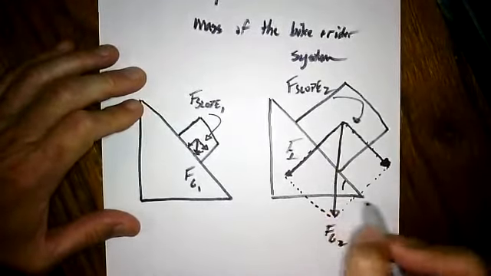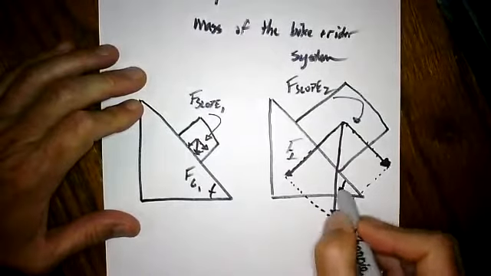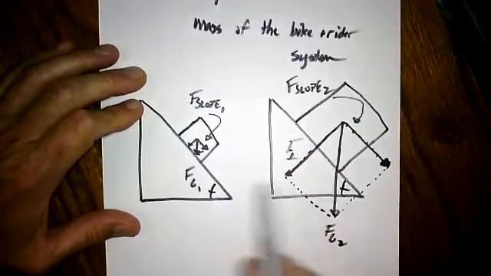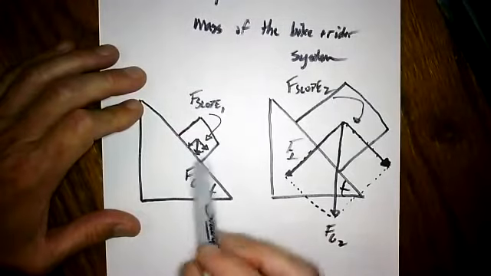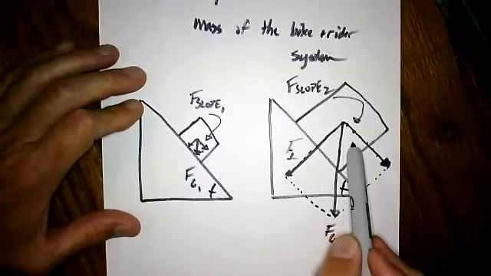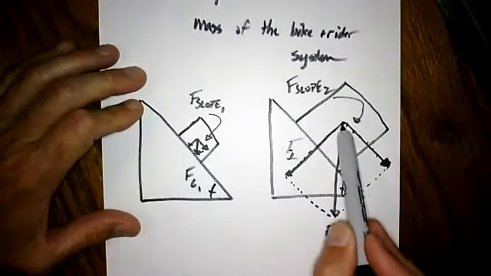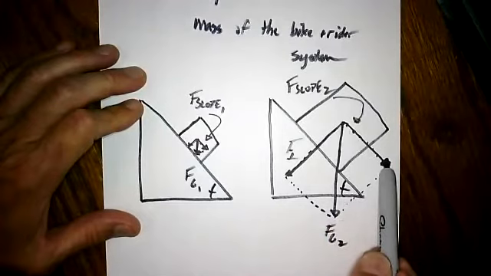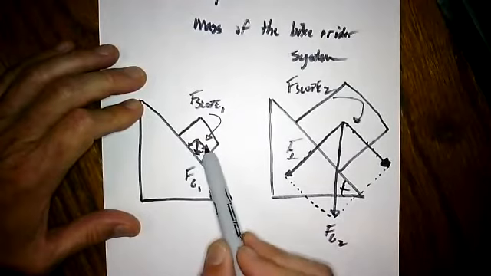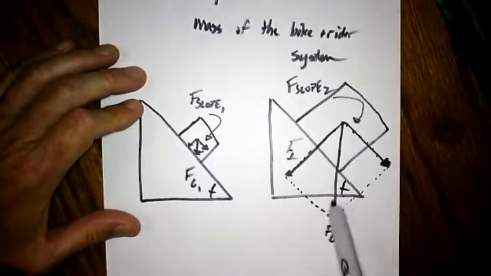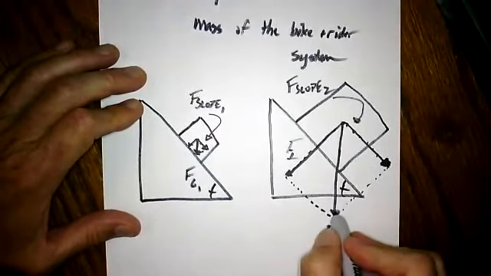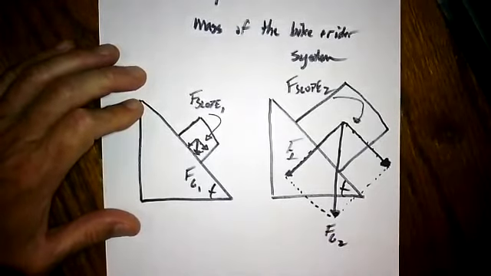Same steepness of ramp between these two situations, smaller mass, bigger mass. The slope force component is greater here than here. Not because of the ramp, but because of the weight of the object, the force of gravity acting on the object.